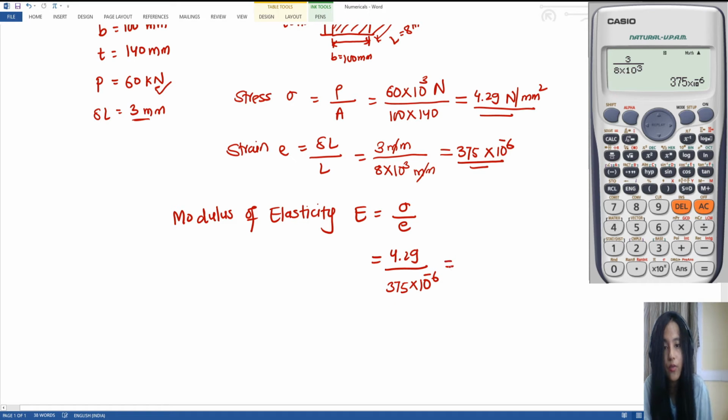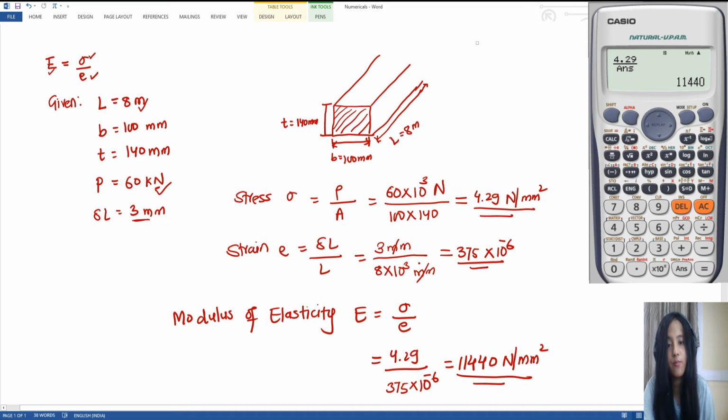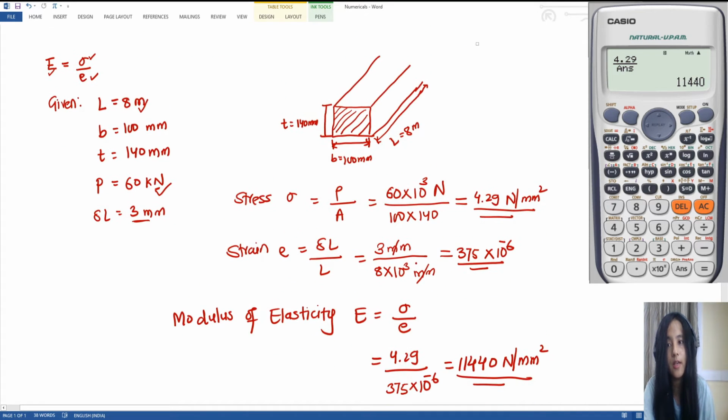So this is coming equal to 11440. And what will be its unit? Its unit will be equal to the unit of stress, which is Newton per mm square. It is a very simple numerical. I hope it is clear.